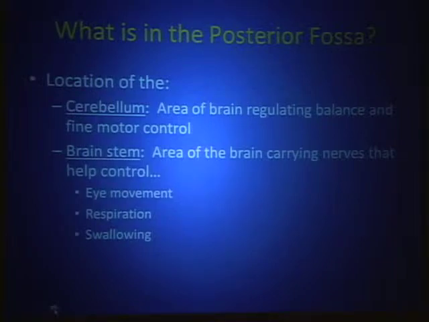The brainstem, we have a lot of the cranial nerves come from the brainstem, so eye movements, swallowing, respiration, all can be controlled in that area. And you can have one problem, not all of them, but you can have isolated areas in the brainstem that are affected.